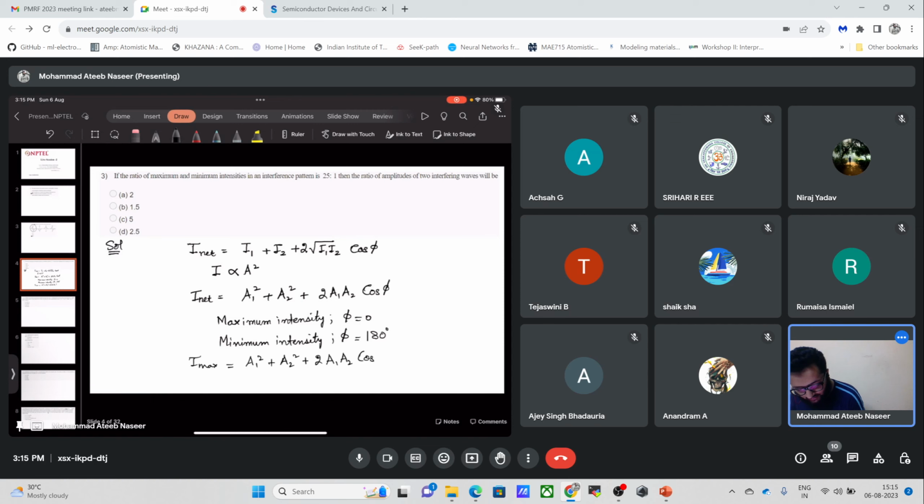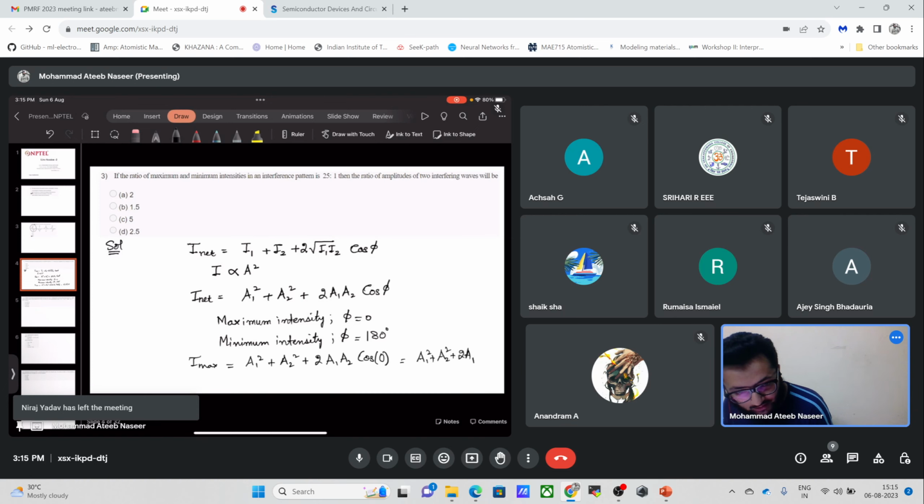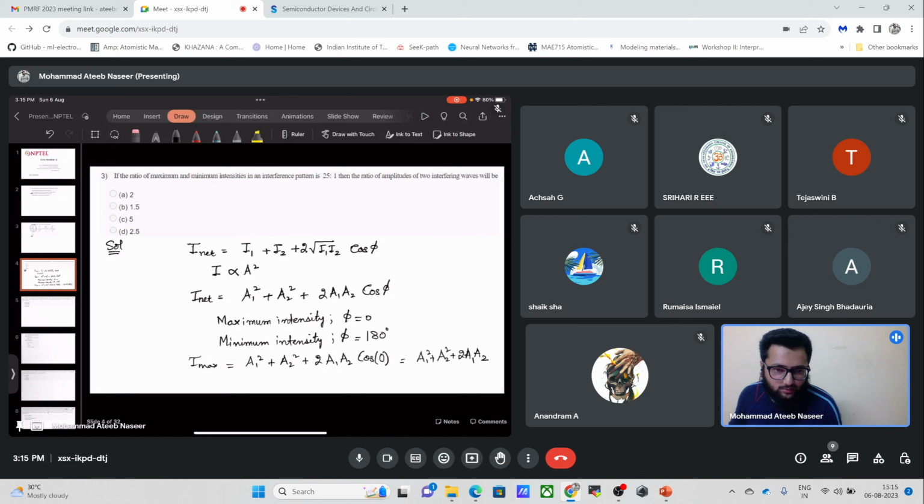It will simply be equal to A1 squared plus A2 squared plus 2 times A1 A2, and this is equal to A1 plus A2 whole squared. So this is for the maximum case.